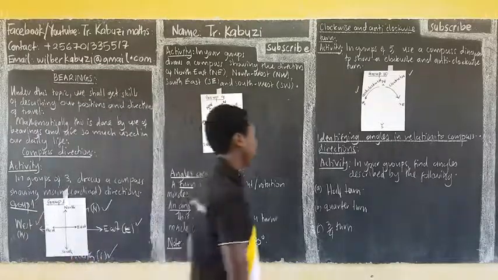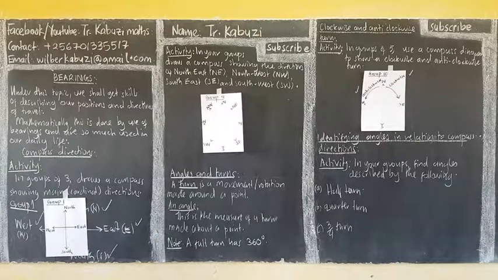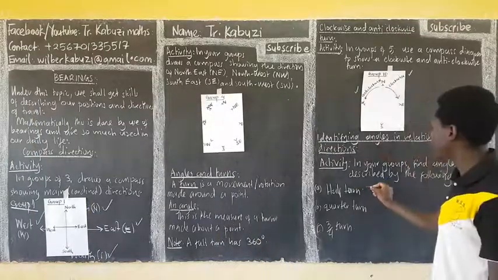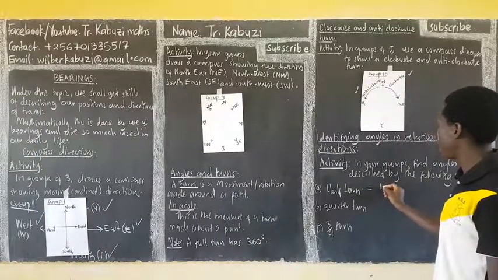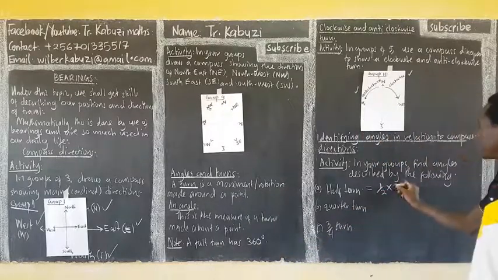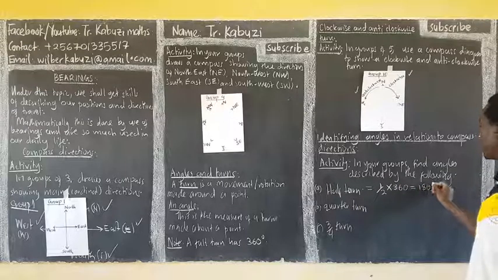Then from here, half turn. The group I have this time is group C. Group C says the half turn is the same as half times what each turn is, which is 360. They have 180 degrees.